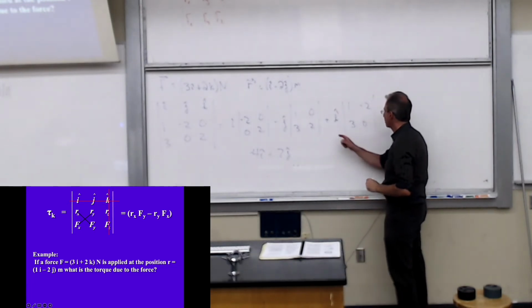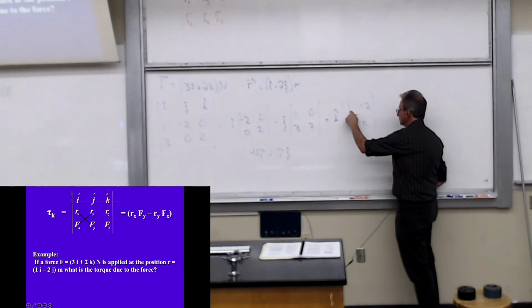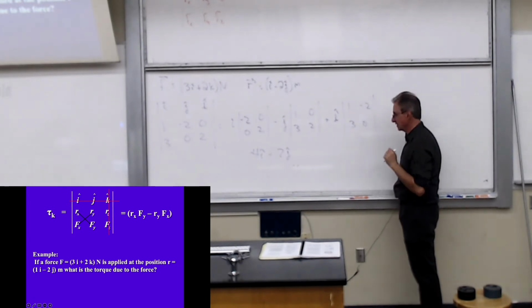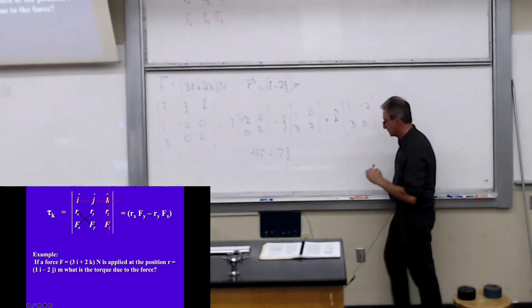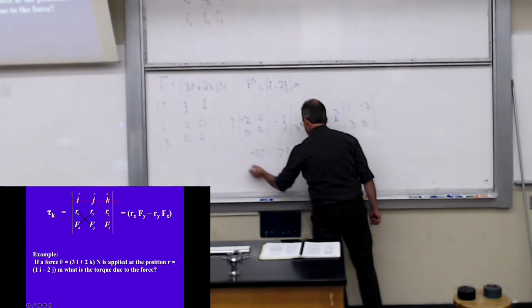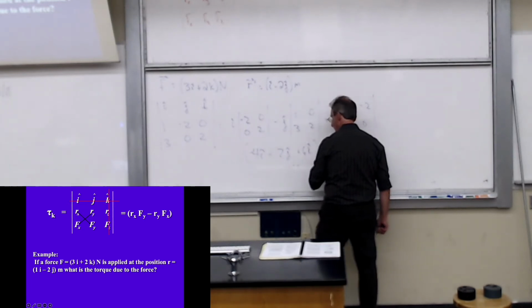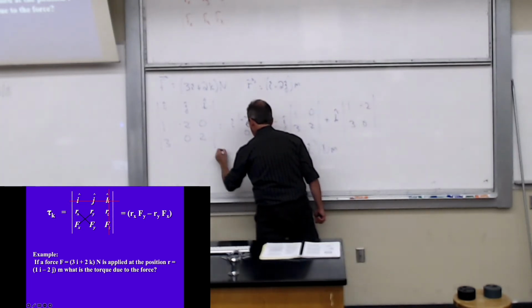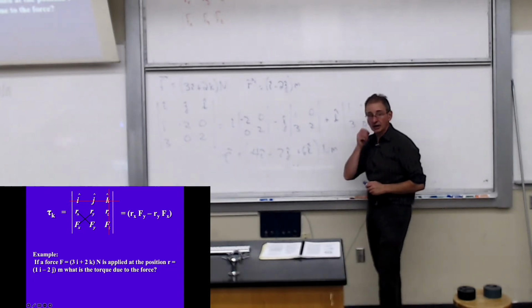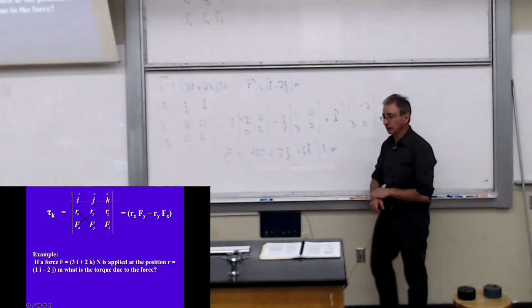And then the last term, 1 times 0 minus a -6. 0 minus a -6 is +6, right? And that's your torque vector. That's how you calculate the torque. That's how you calculate the cross product.